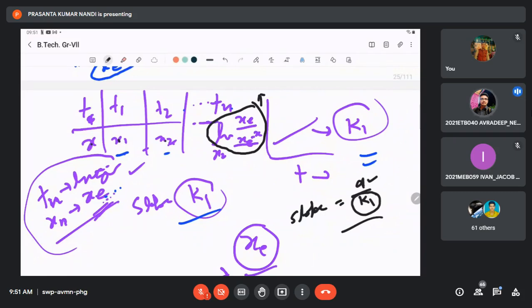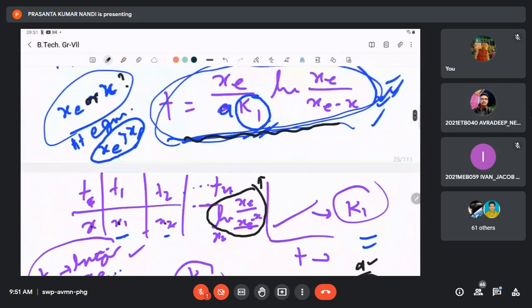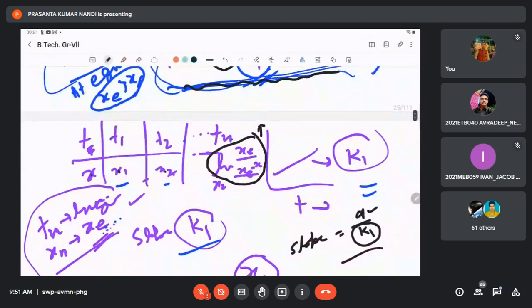The slope would be A K1 by Xc, the whole term.